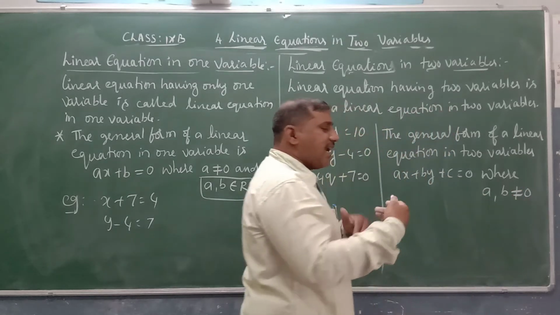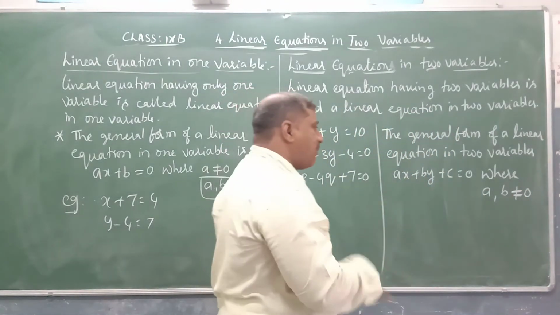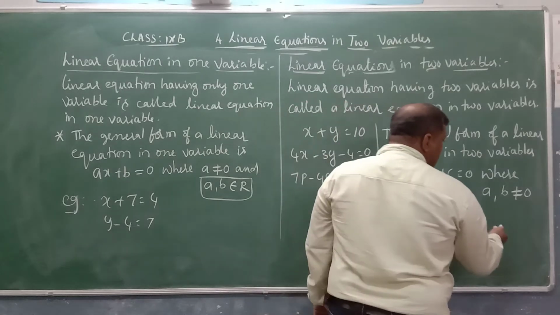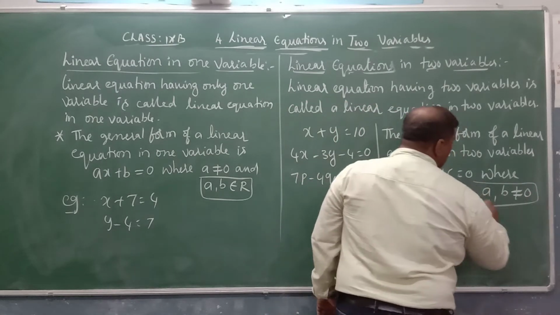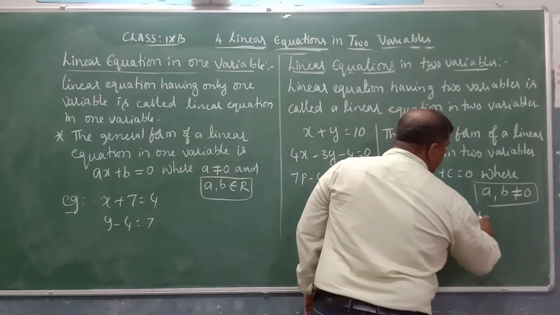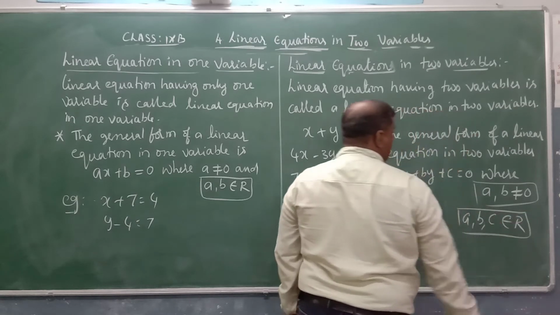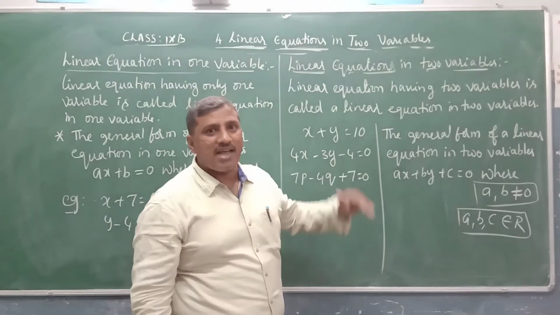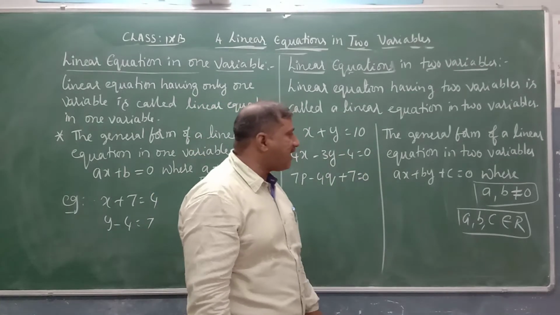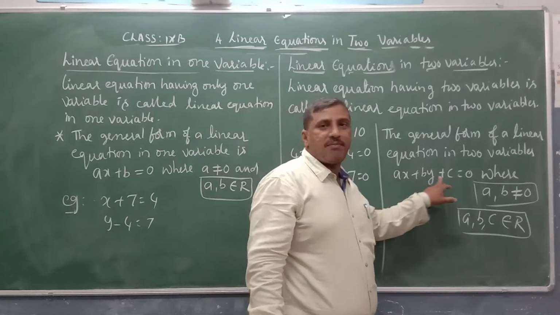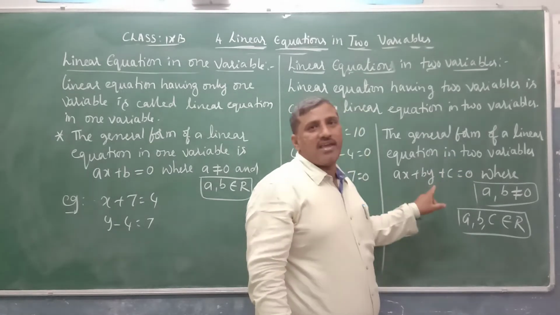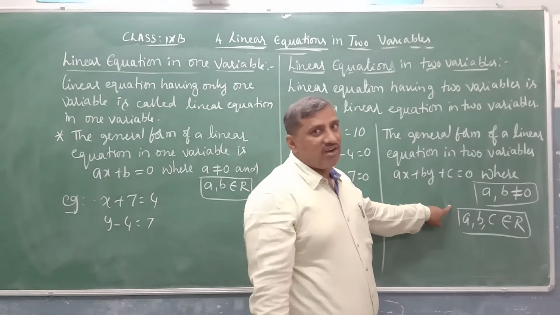That is, a is not equal to 0 and b is also not equal to 0, and a, b, c belong to real numbers. They are real numbers. The general form or standard form of a linear equation in two variables is ax plus by plus c is equal to 0 where a and b are not equal to 0.